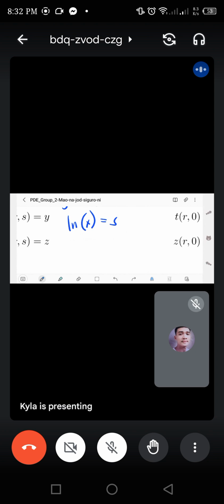So it becomes e raised to ln x, and on the other side, e raised to s plus c.